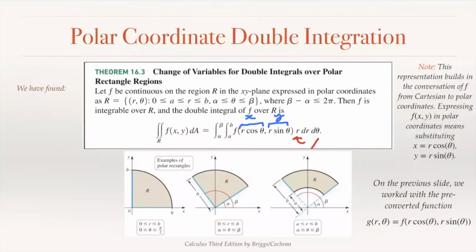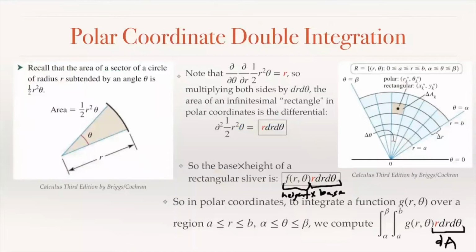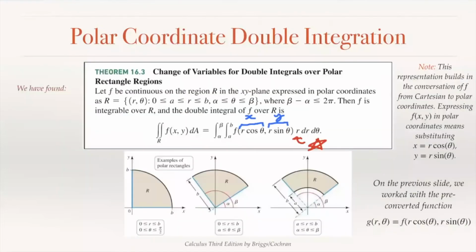And then we add that r right there. That is from what we got here. So don't forget to add that, because this whole thing is that dA. And then dr dθ between the r bounds and the theta bounds, whatever they may be.